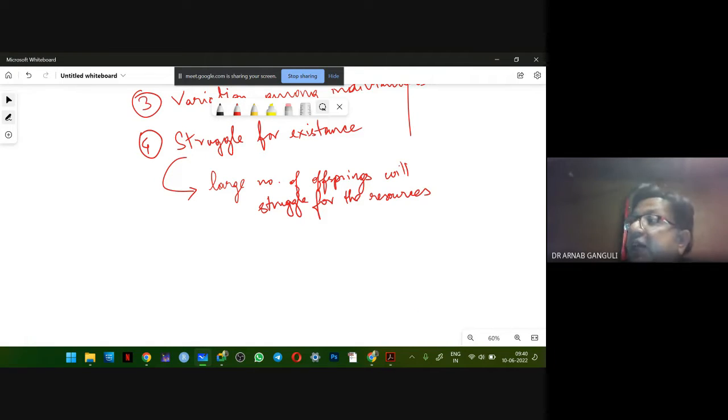For example, a dog lays something like 6 pups, but all the 6 pups are struggling to get milk from the mom. Over there, the strongest of them will get the milk and will survive much better. So there is a struggle for resources and a struggle for existence.